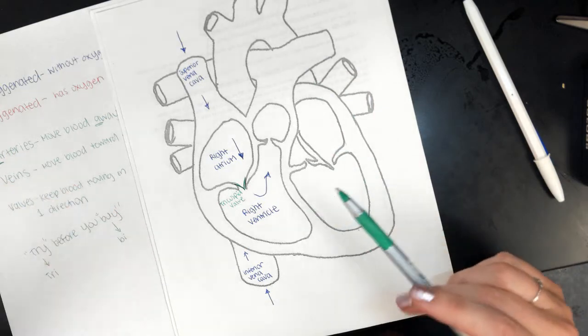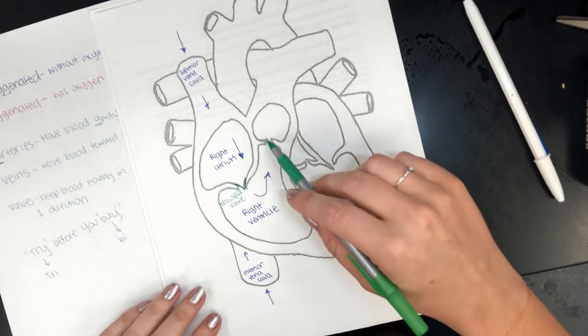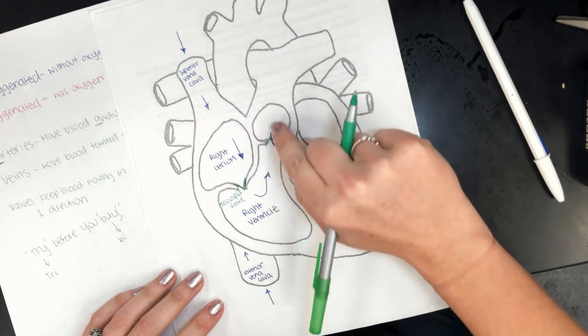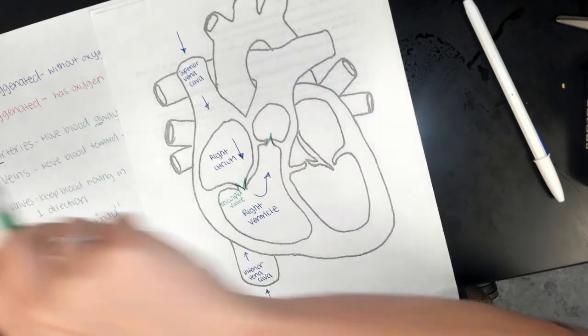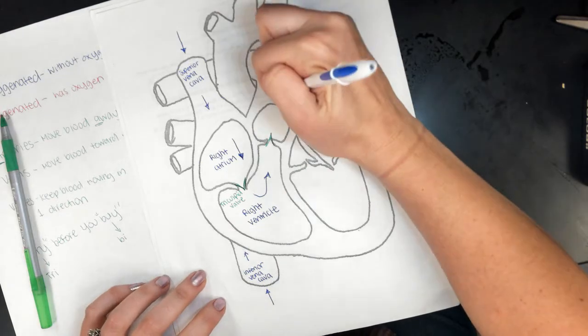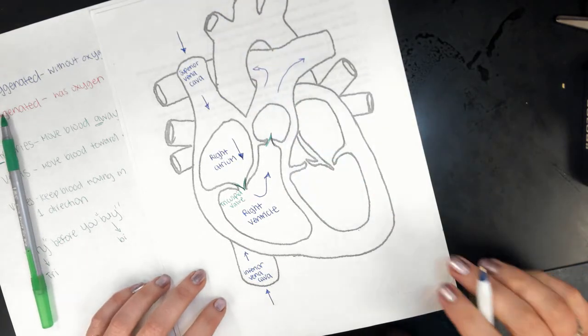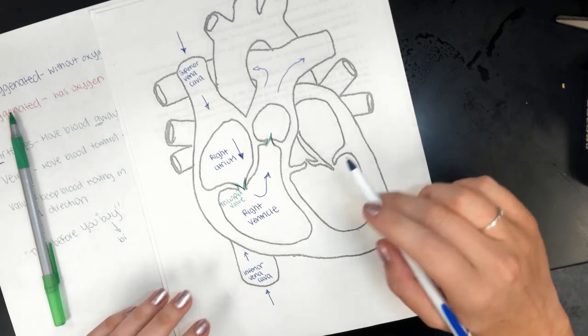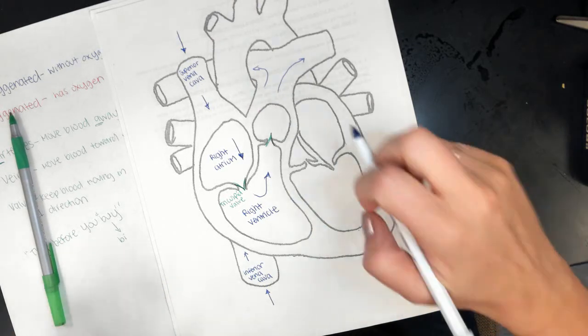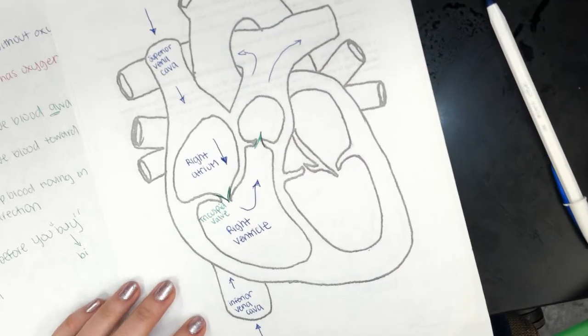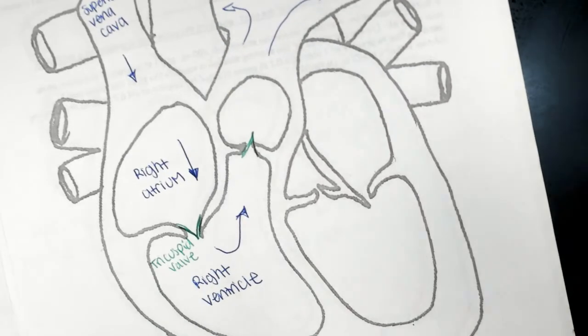So the valve here, I'm going to draw it going this way, right? Because we're trying to get the blood to go this way. I'll go ahead and draw those arrows. This is called the pulmonary valve. So pulmonary, you should think lungs.